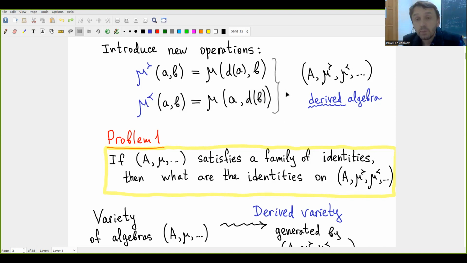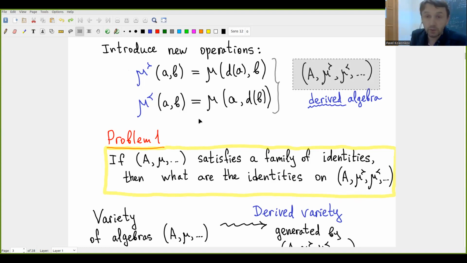What we obtain is the same linear space equipped with a double number of operations. If there was only one multiplication, then we obtain two operations here. If there were more than one operation, then here we have just duplicated the number of operations. Let us call this system a derived algebra.